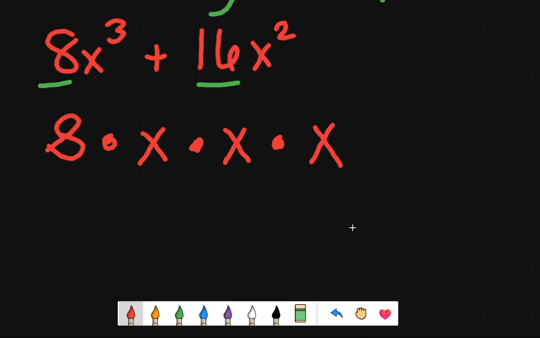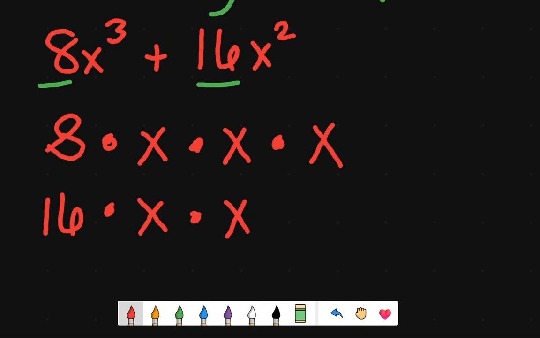Now, 16x squared is 16 times x times x. All right, so this is what it looks like in expanded form.